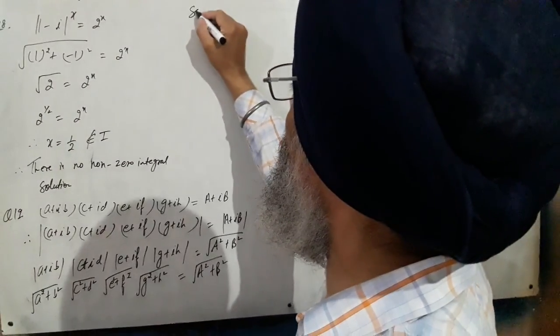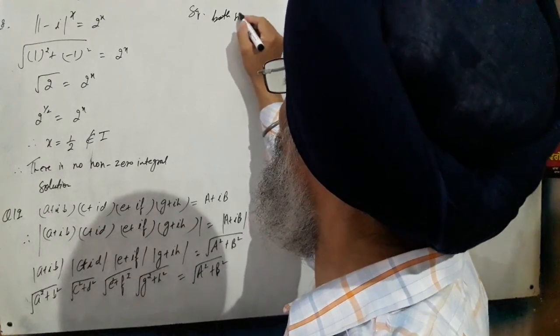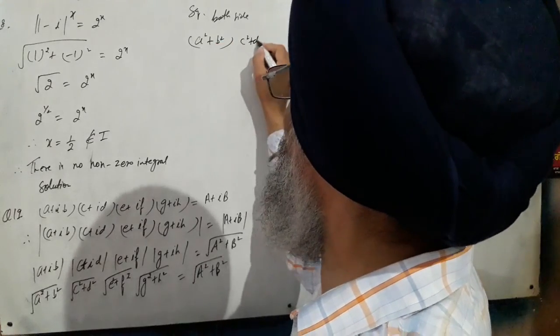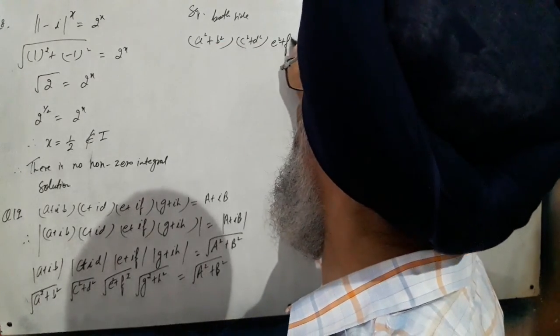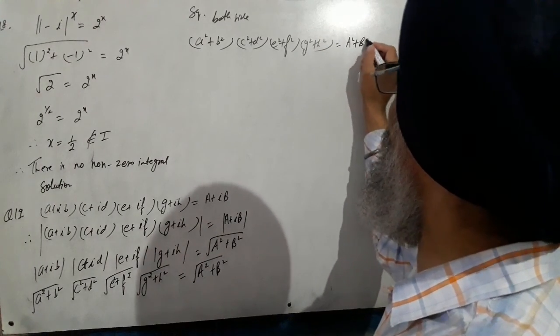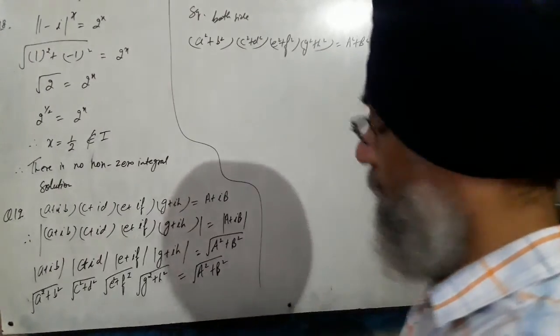Squaring both sides, what do we get? (a squared plus b squared)(c squared plus d squared)(e squared plus f squared)(g squared plus h squared) is equal to A squared plus B squared, and that is what we had to prove.